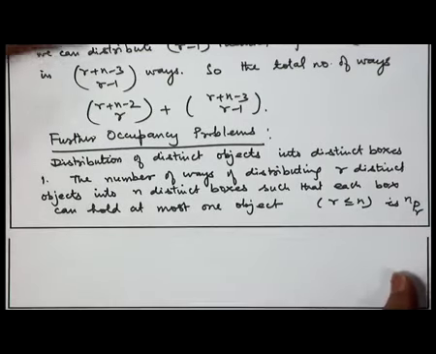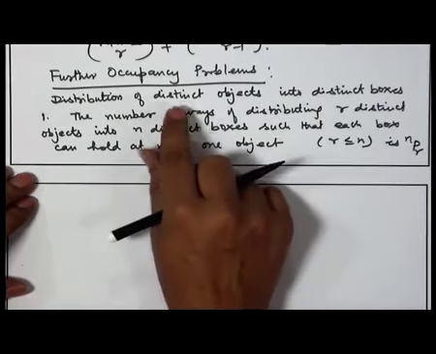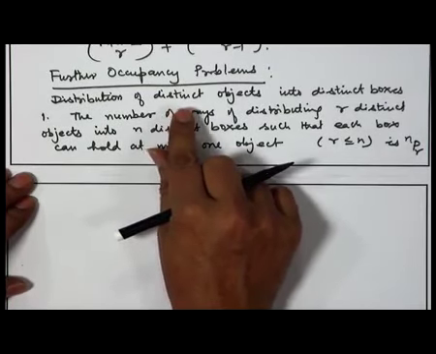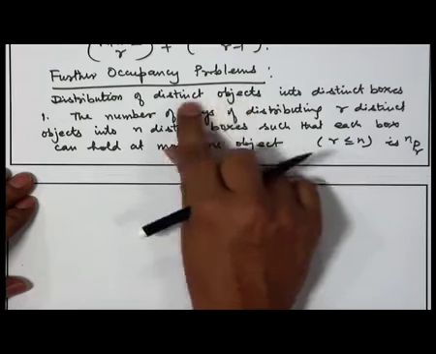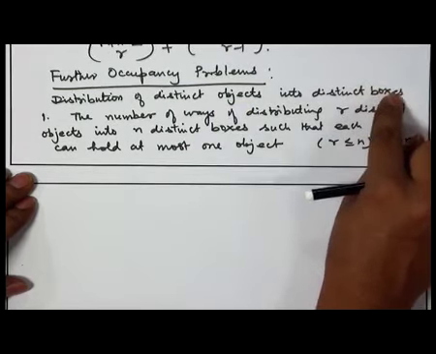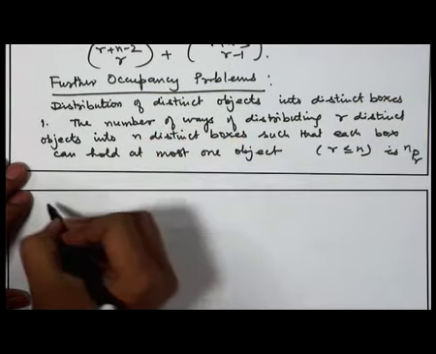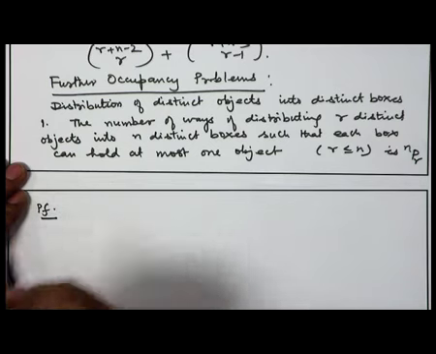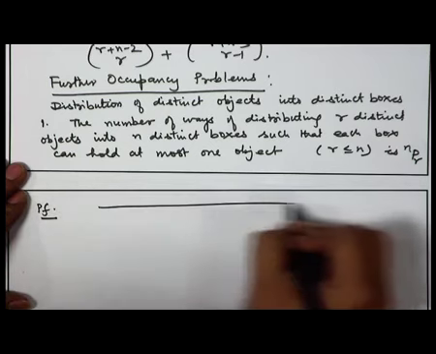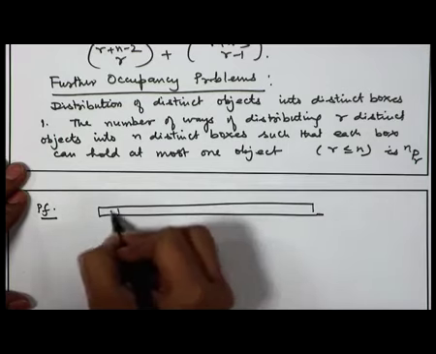Let me give the proof of this here. You can see the difference from the previous one: earlier we had taken identical objects, now we are taking distinct objects. Boxes were distinct earlier also, and are the same now. So, this is actually nothing but the ordered arrangement. Let me give a formal proof. Say you have n distinct boxes.